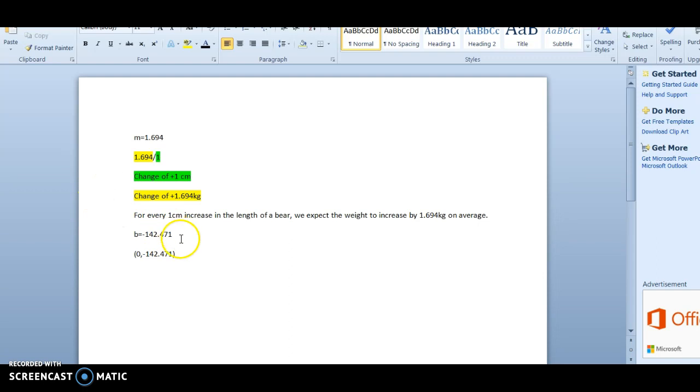So the x value is always 0 for this y. That's the definition of your y-intercept. So that might have sounded a little technical, but what it's telling you is you can always rewrite your y-intercept as a coordinate, and then you have an x value to interpret, and then a y value to interpret.